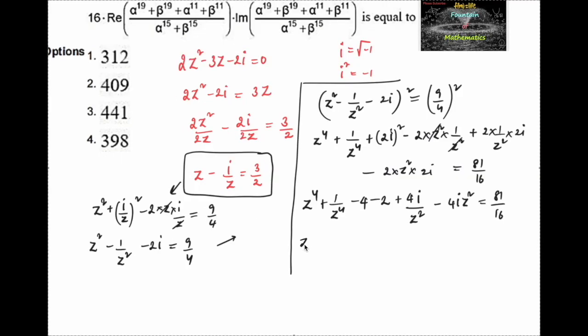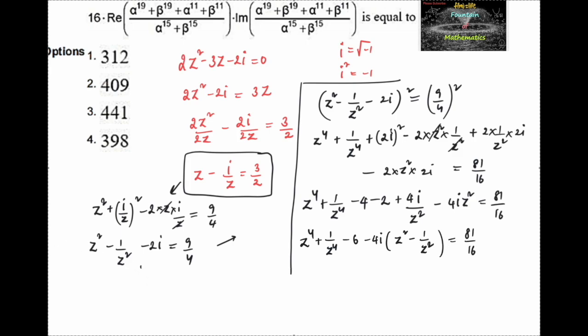Now we can rewrite z power 4 plus 1 upon z power 4 minus 6, and if minus 4i is taken common, so we can write z square minus 1 upon z square, which is equal to 81 by 16.